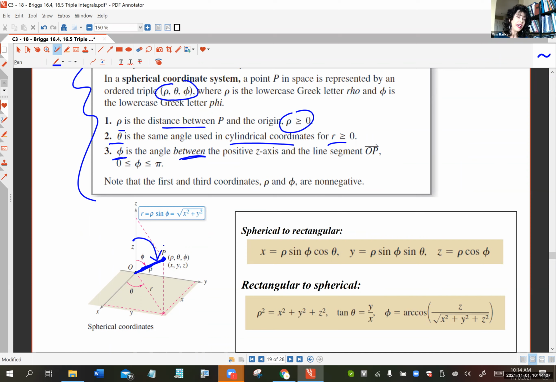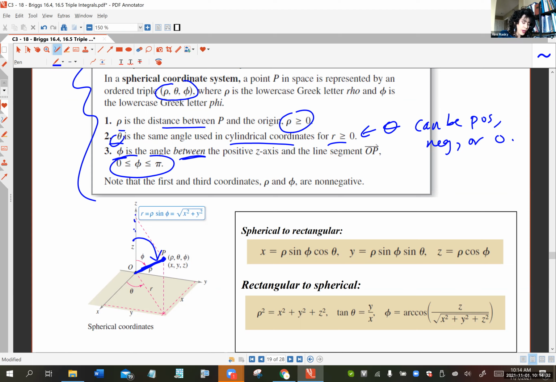Now, phi cannot be any angle that you like. Theta can be positive, negative, or 0. Theta has all sorts of possibilities. Phi, not so much. Phi has to be in the range 0 to pi inclusive. Well, why is that?